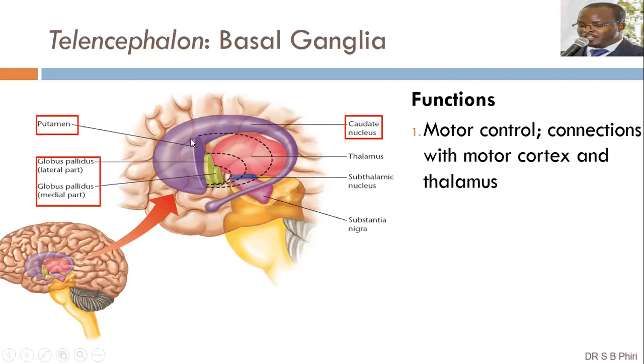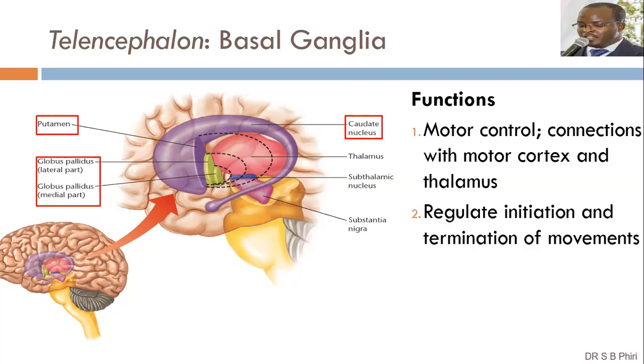The major function of the basal ganglia is motor control. It has connections with the motor cortex and also the thalamus. It is mainly involved in motor control, so that you have initiation of movement and also regulation of movement.